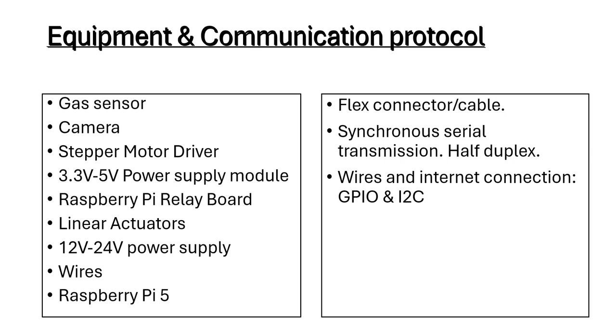We will also need wires or cables, the linear actuator, and maybe a breadboard. The communication protocol will be through wires and an internet connection. We will use input and output pins, and there will be serial or synchronized transmission, half duplex, using I2C or the flex cable to connect the camera to the Raspberry Pi.